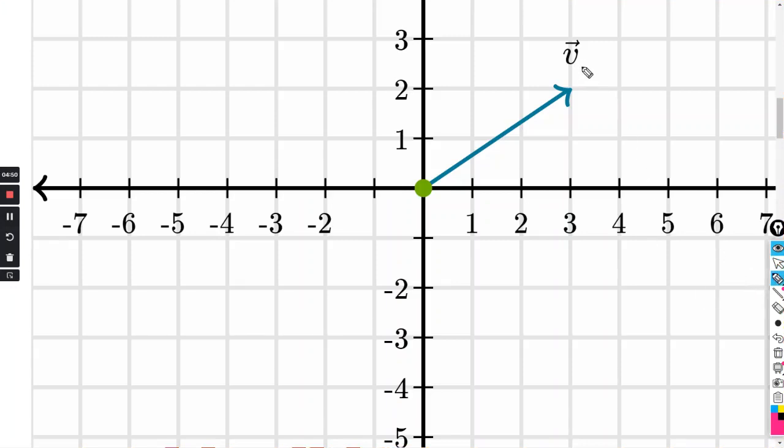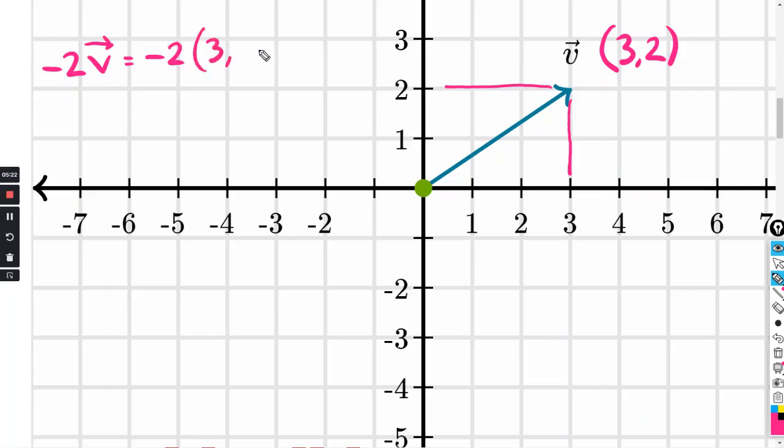So we can get the components of vector v from the graph. Here's vector v. The x coordinate is positive 3 and the y coordinate is positive 2. So negative 2 times vector v is going to be negative 2 times 3, 2.